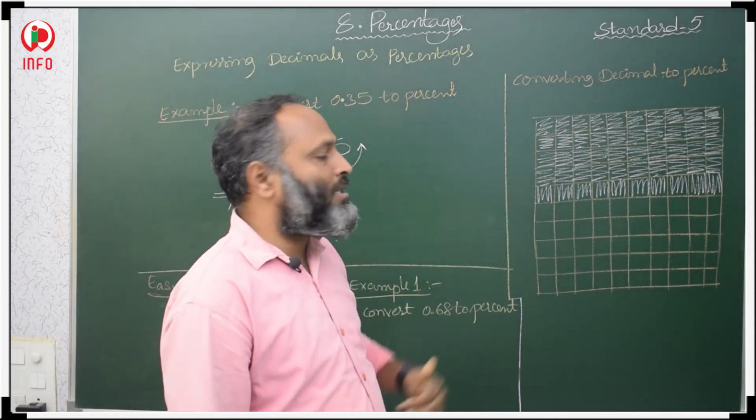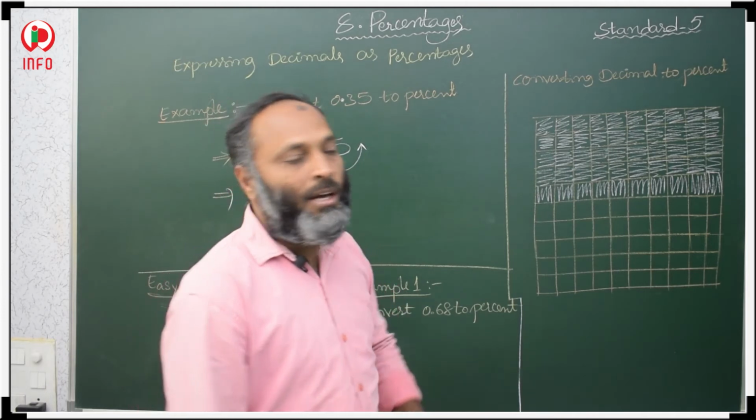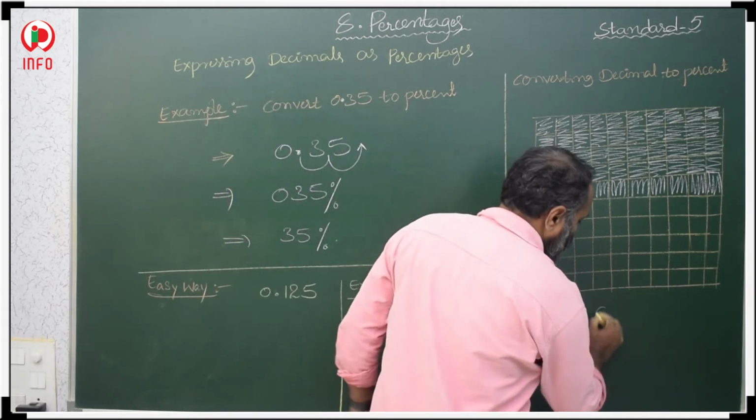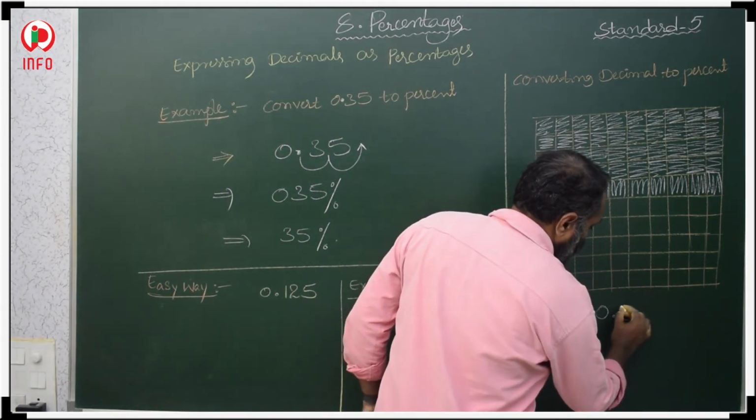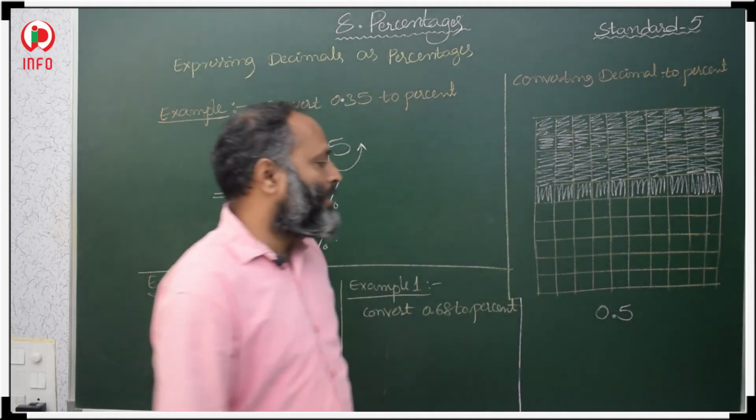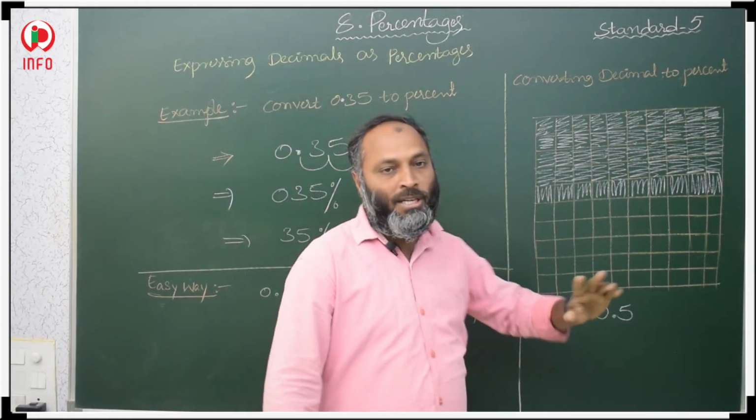How many grids did we shade? 50 grids. 50 grids means half of the portion is shaded. Half of the portion means 0.5. This much portion we shaded, so this much decimal part we shaded.